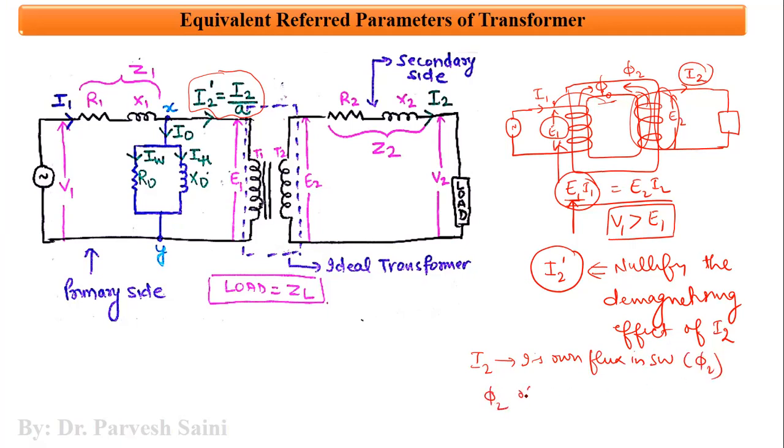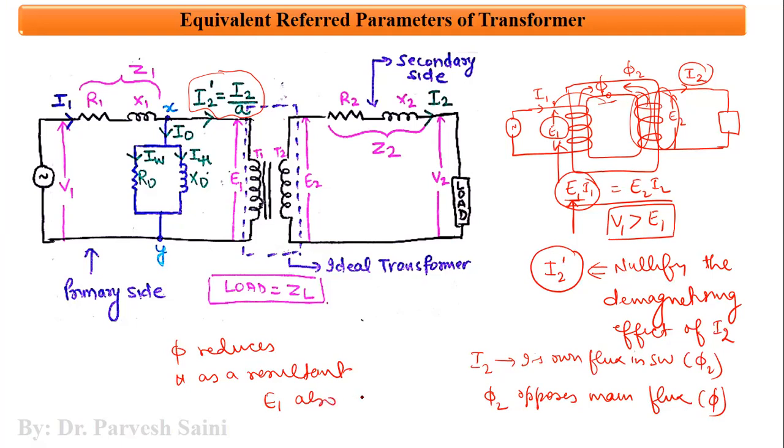Phi 2 opposes the main flux phi. Phi reduces, and as a result, E1 also reduces. So we get this thing: V1 becomes greater than E1.